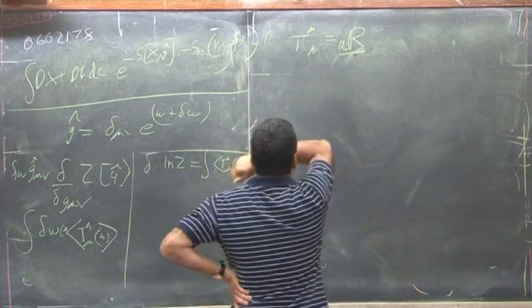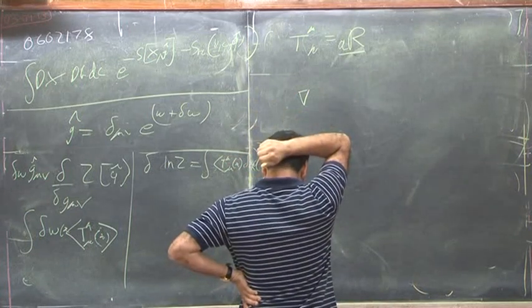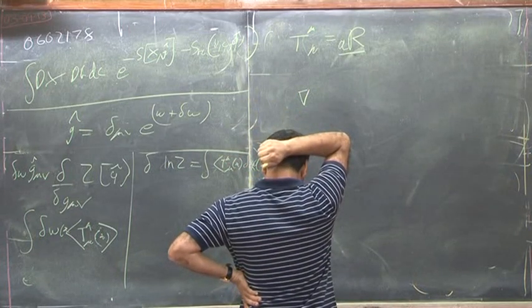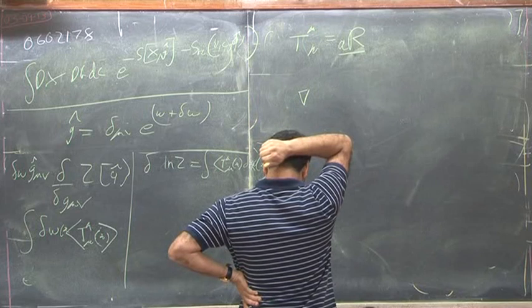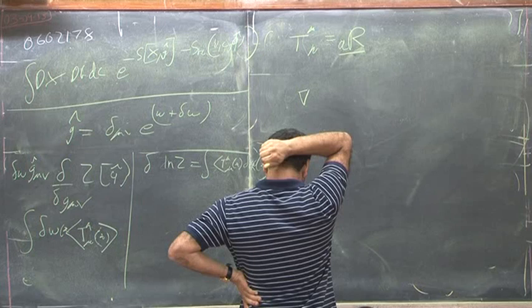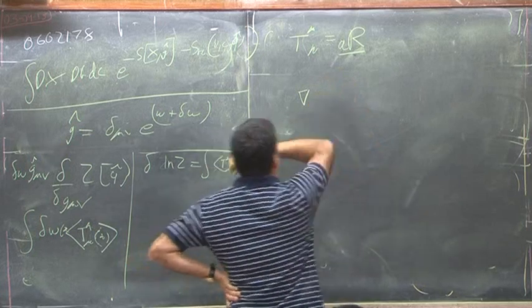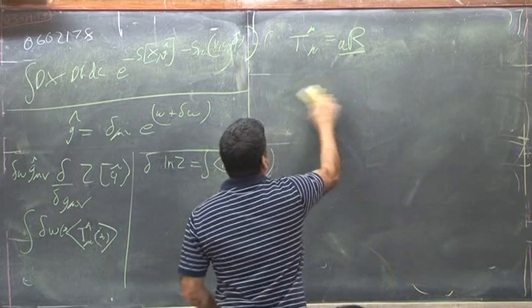See, what do I want to say? What I want to say is that, look, suppose I've got del. I want to use now conservation of the stress.